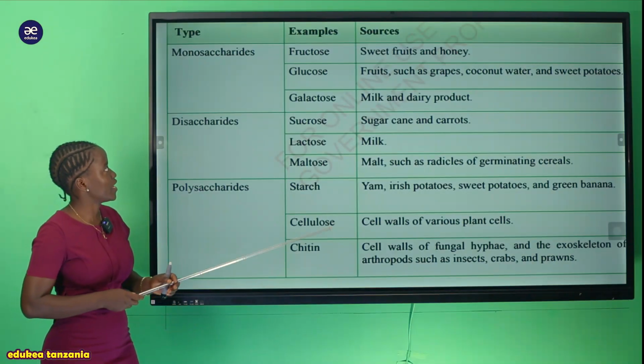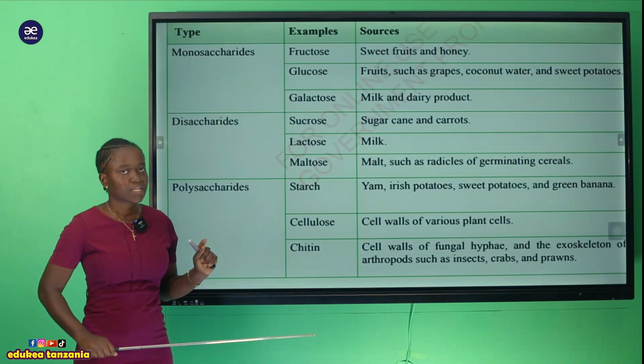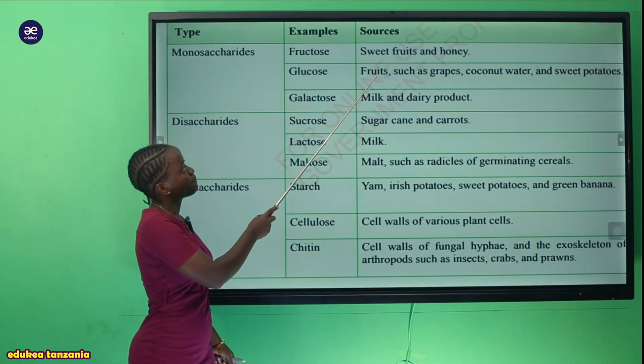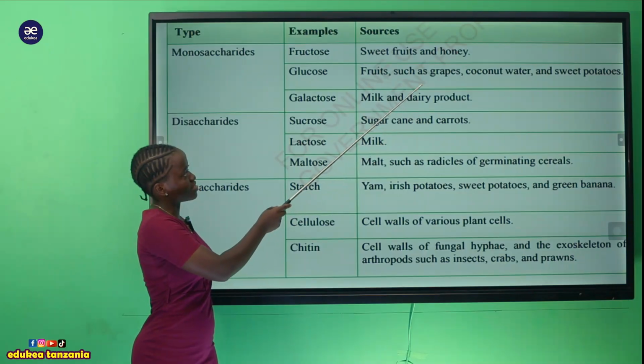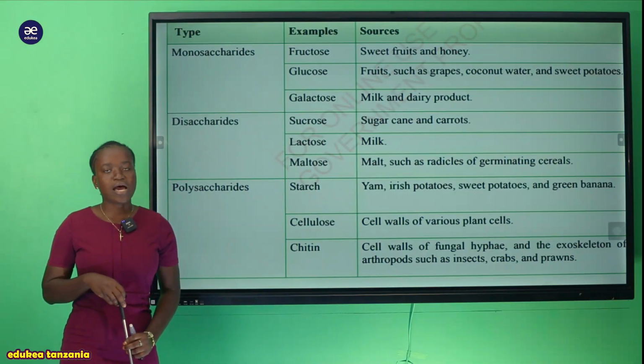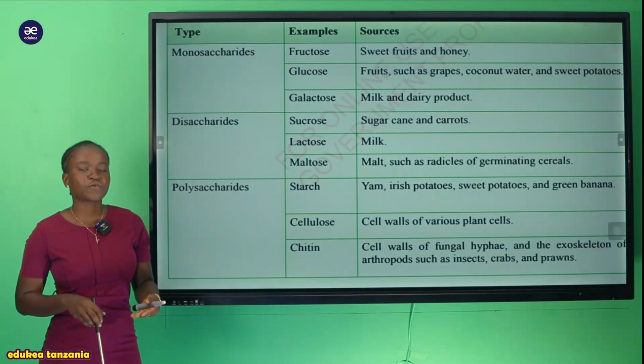And also we have another example of this monosaccharide, that is glucose. And the glucose's source is fruits such as grapes, coconuts, and sweet potatoes. So through these sources is where you can find a lot of glucose.